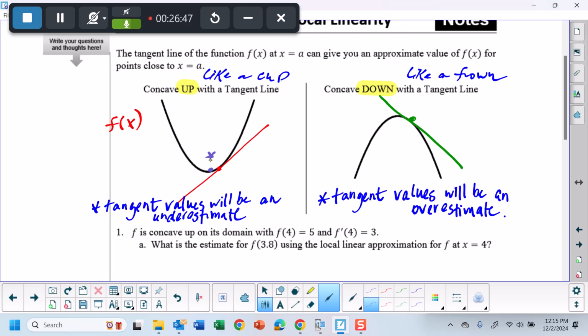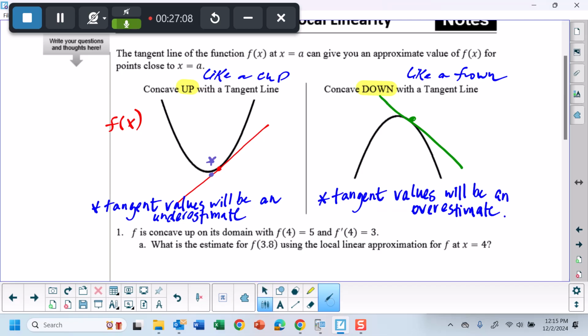You don't have an equation of the graph and you have no way of figuring that out. You can use the tangent line and figure out an input-output on the tangent, and it'll be super close, but it'll be lower. It'll be an underestimate of what that true value is.